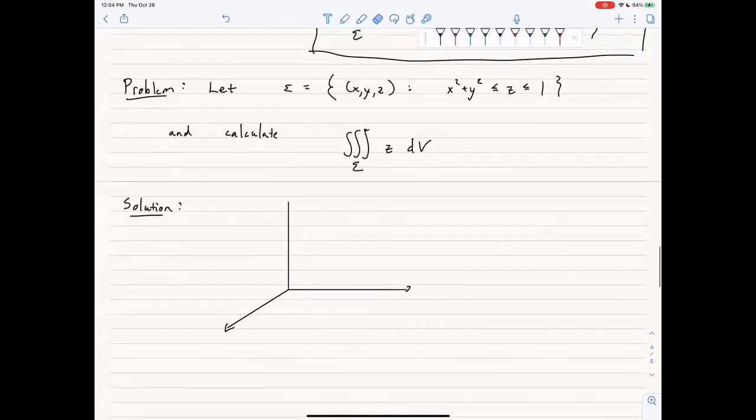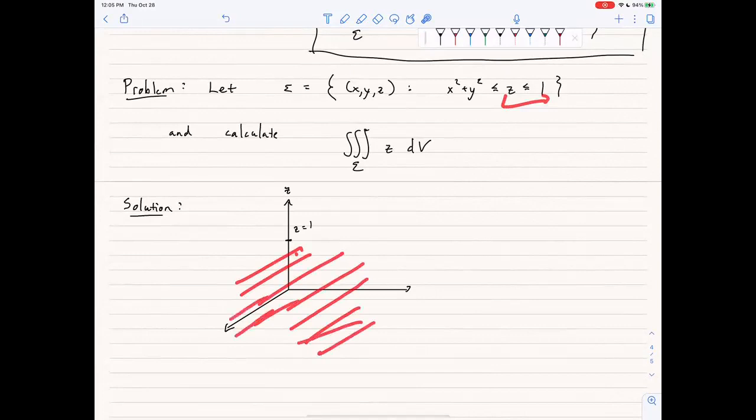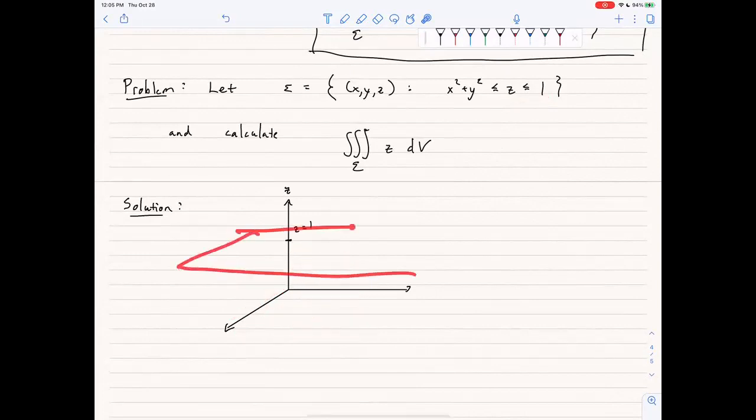We get z equaling 1. So since z is less than or equal to 1, my whole region has to be below this plane that's up at height 1. Now, what about this bound? Well, that bound is a paraboloid. It's just our standard paraboloid, which I'll just sketch by hand.